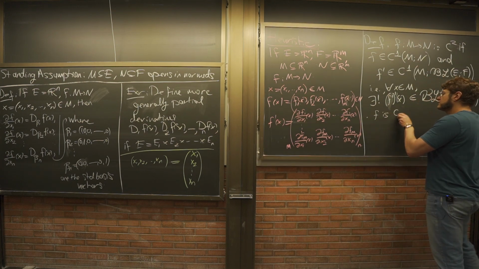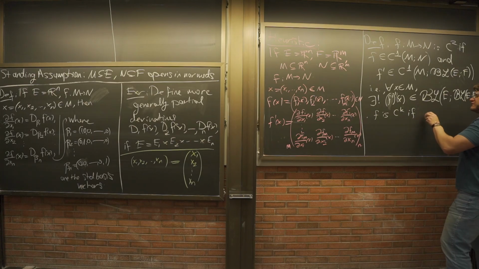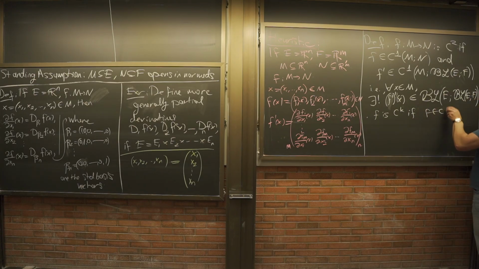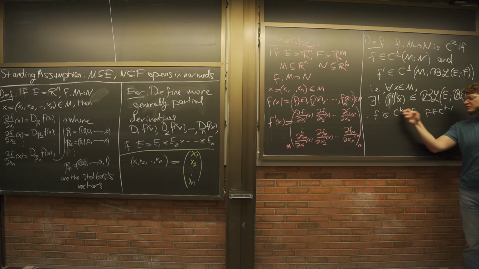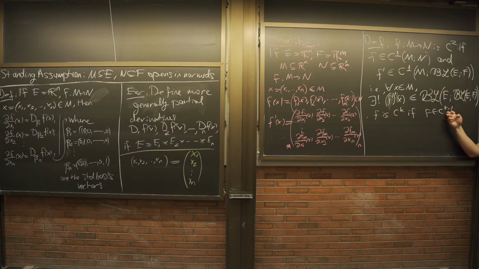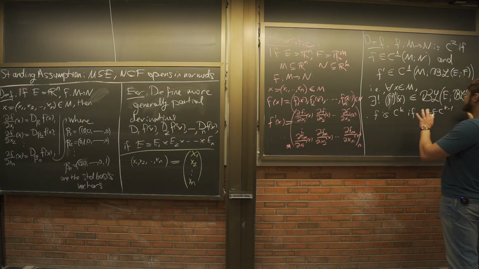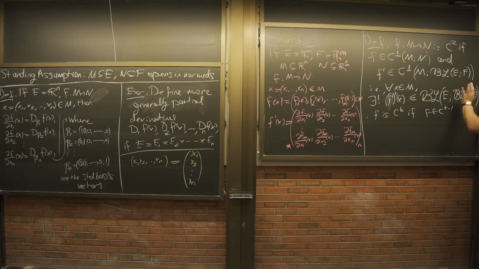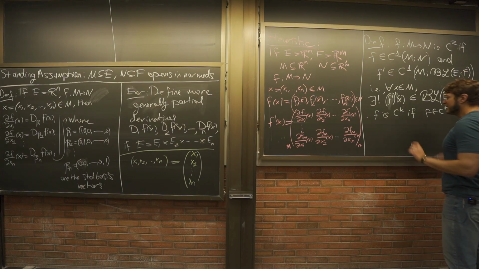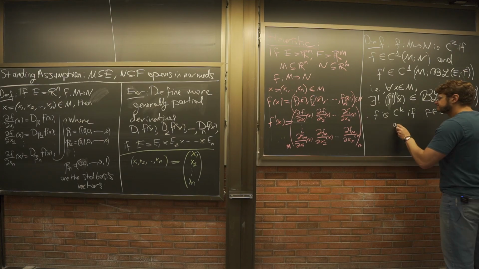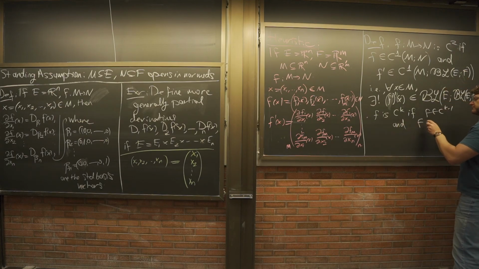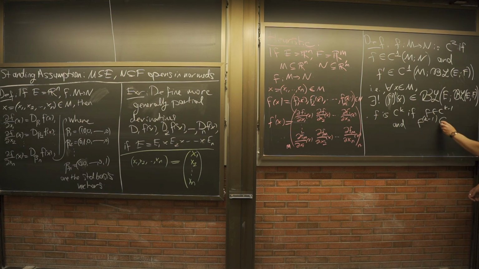f is C^k, that is, k times continuously differentiable, if it is k minus 1 times continuously differentiable, and the k minus first derivative is continuously differentiable. And again, it's taking values in some very complicated space, at least for now.